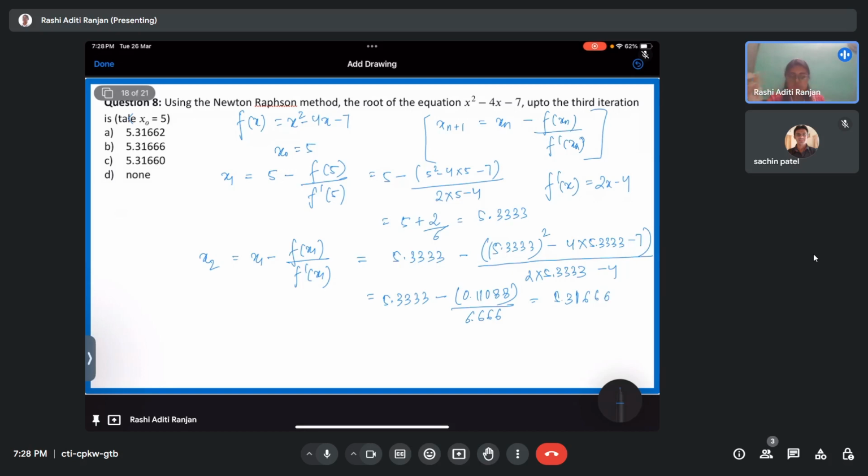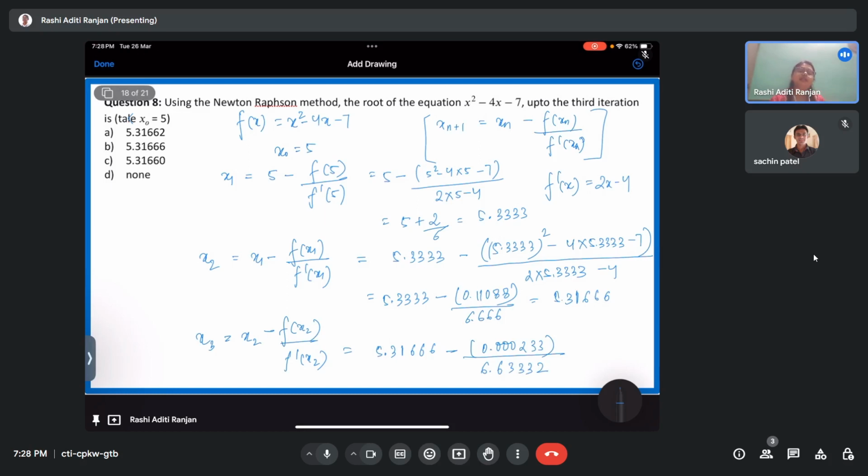Now I have to do the last iteration, which will be x3, x2 minus f of x2 by f dash of x2, which would come out to be 5.3166 minus, if you put up the value, I'm directly writing the numerical values. You can cross check all the numerical values. It would come out to be 0.00 whole divided by 6 point.